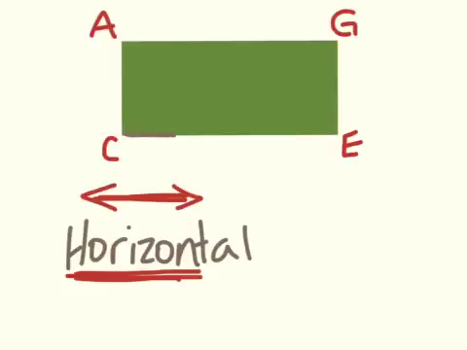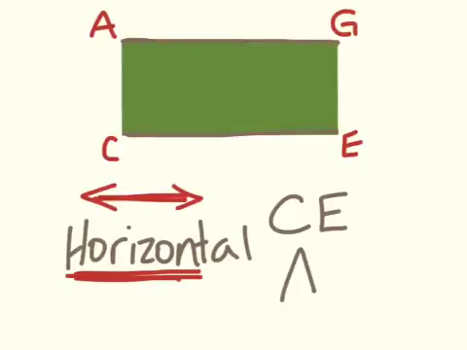So this line is horizontal, and I would call that line CE. And this line is horizontal, and I would call that line AG. So we can identify horizontal and vertical lines as well as perpendicular sides. And that's really important. Good luck with it.